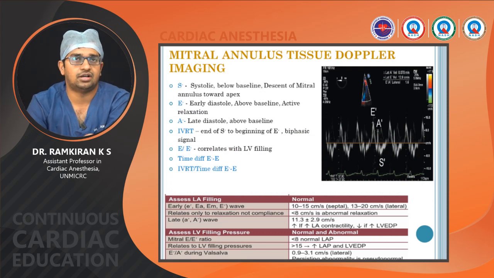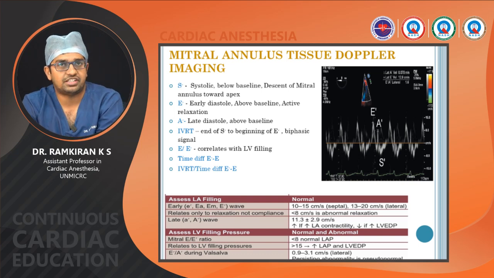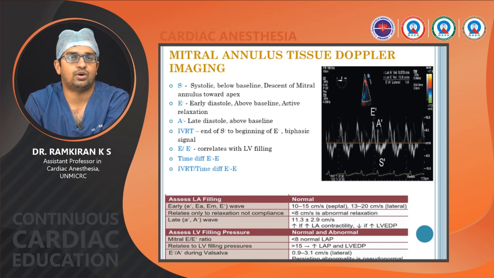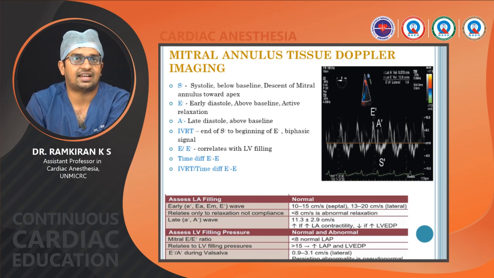Coming to the third parameter, that is mitral annulus tissue Doppler imaging. Basically we have the following waves here. One is the S wave, which in transesophageal echo is below the baseline. It indicates the descent of the mitral annulus towards the apex. E prime is in early diastole, it is present above the baseline and it indicates active relaxation.